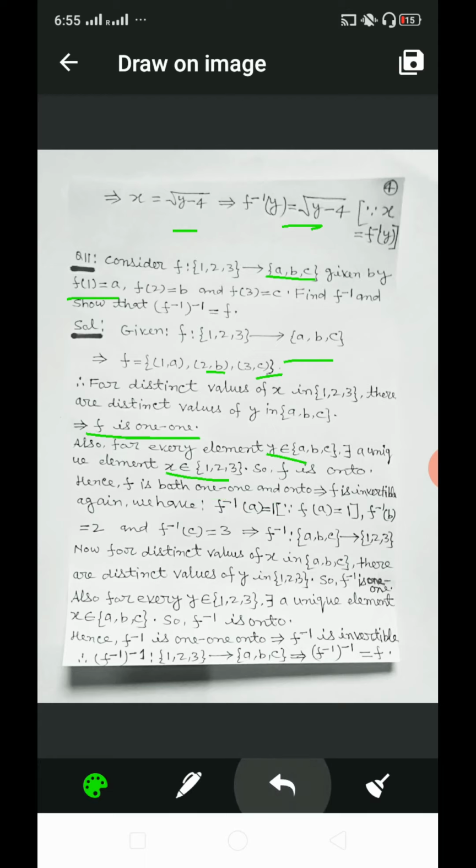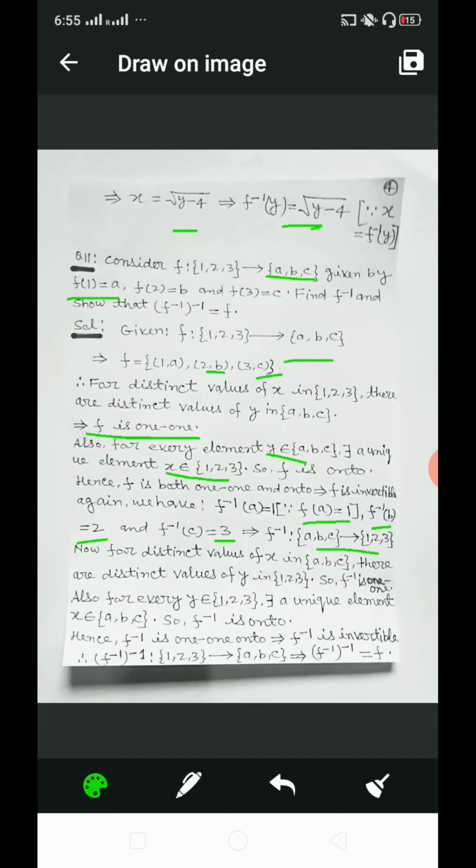Again we have f inverse of a is equal to 1, since f(1) is equal to a, f inverse of b is equal to 2, since f(2) is equal to b, and f inverse of c is equal to 3, since f(3) is equal to c, and this implies that function f inverse is from the set {a, b, c} to the set {1, 2, 3}.